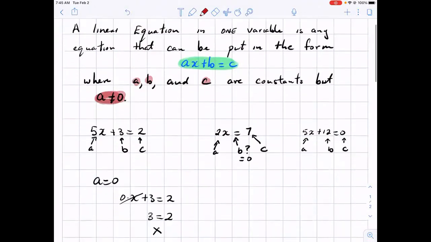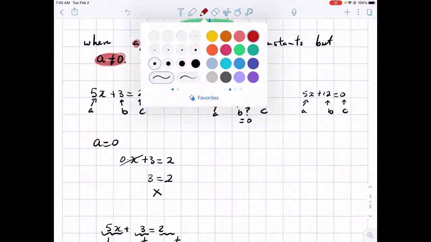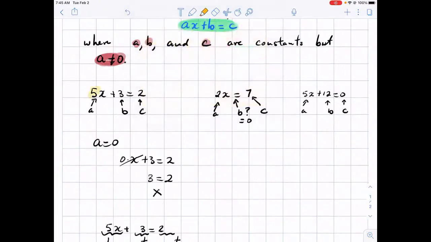For example, here we have some linear equations showing what the constants a, b, and c are. So in the first example, here is a, here is b, and here is c. So a is equal to 5, b is equal to 3, and c is equal to 2.